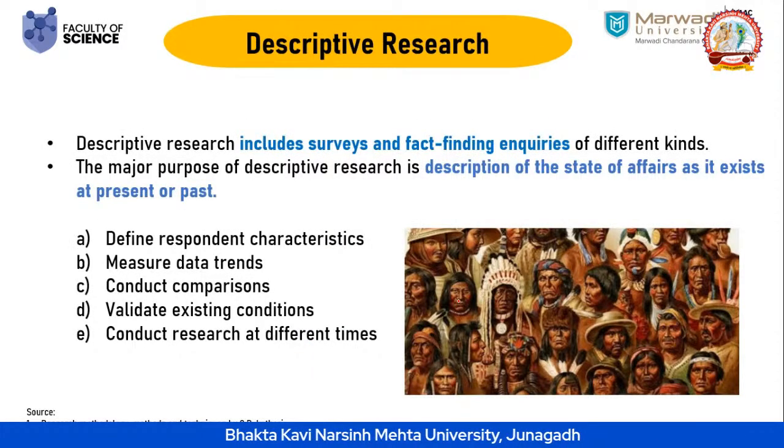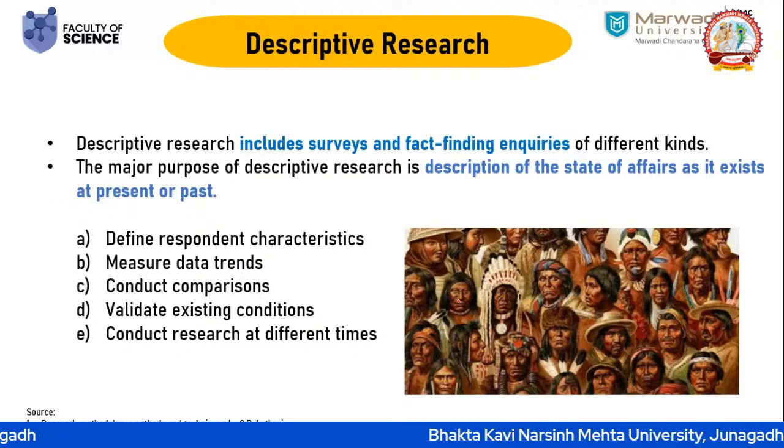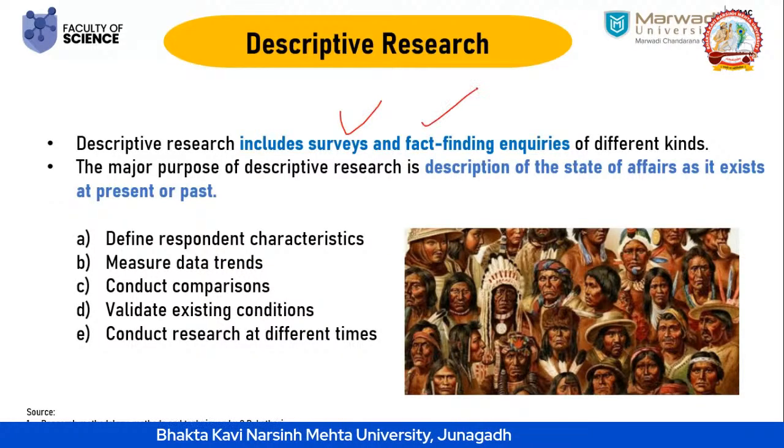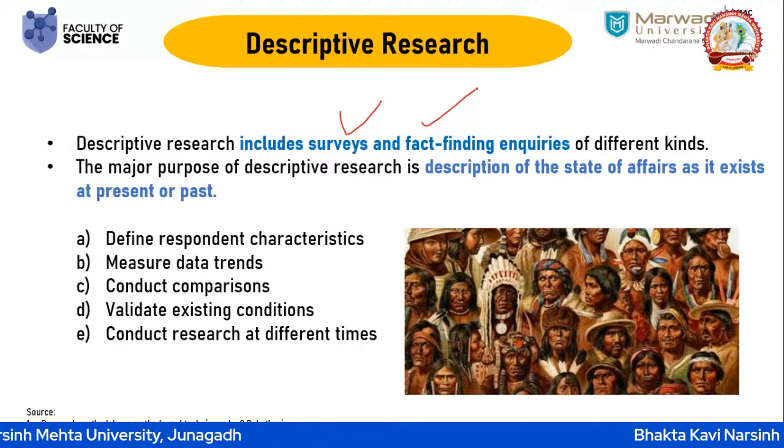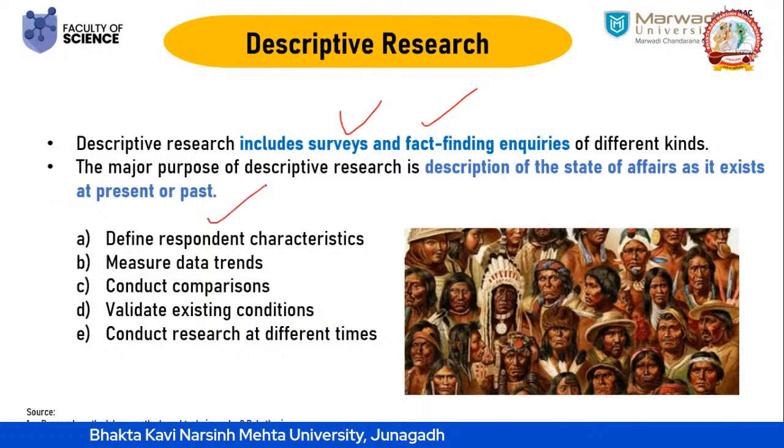Generally, descriptive research is about whatever phenomena you cite in your research, which you get from surveys and fact-finding inquiries, and then you draw certain conclusions. For example, if you conduct a survey, you define certain characteristics of the respondents.